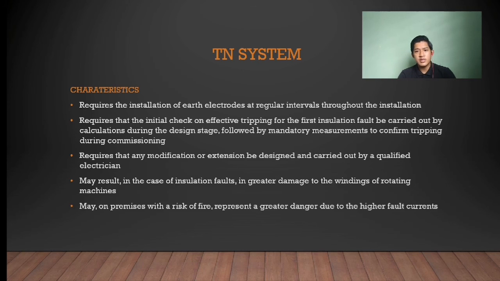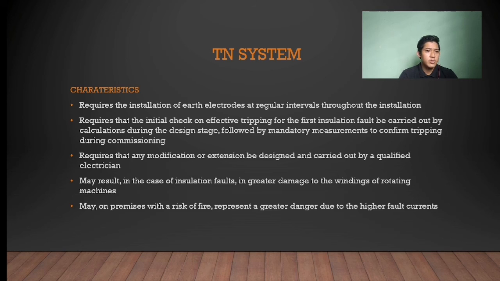The characteristics of the TN system: it requires the installation of earth electrodes at regular intervals throughout the installation. It requires that an initial check on effective tripping for the first insulation fault be carried out by calculation during the design stage, followed by mandatory measurement to confirm tripping during commissioning.